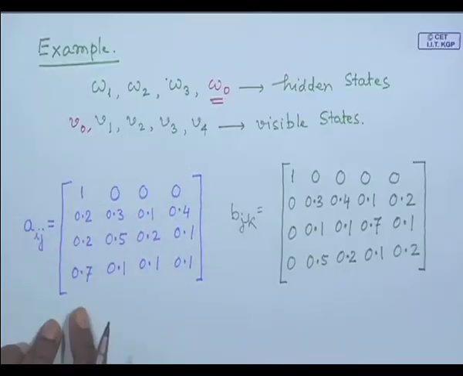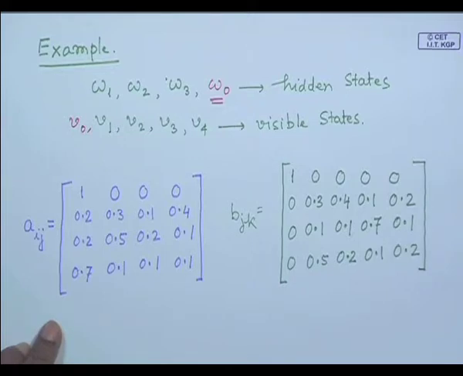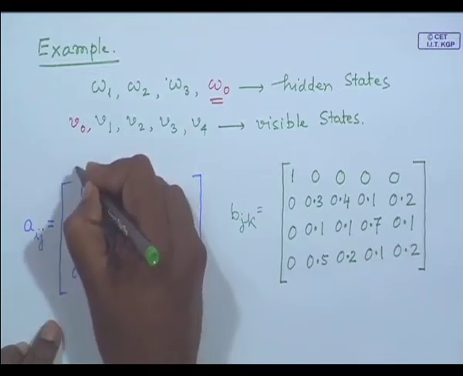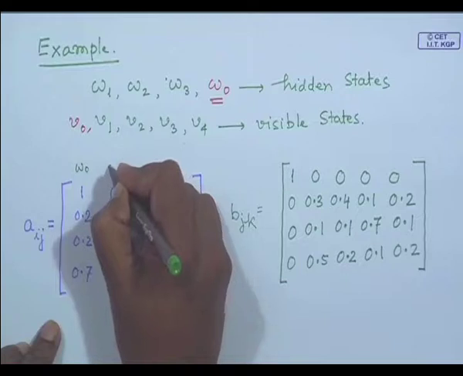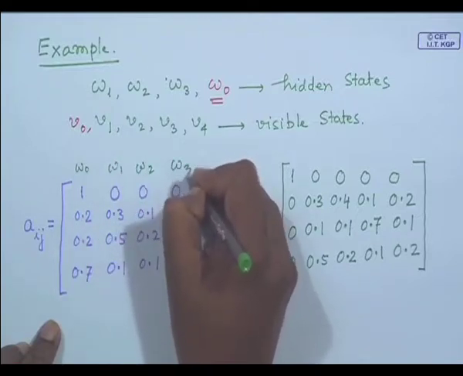So, these are the two different transition probability tables. The first one is the transition probability table or A i j as shown over here. This is the transition probability table for the hidden states, and B j k, which is shown over here, indicates the transition probability table for the visible states. And you find that both these tables are indexed from 0. So, this is for omega 0, omega 1, omega 2 and omega 3.